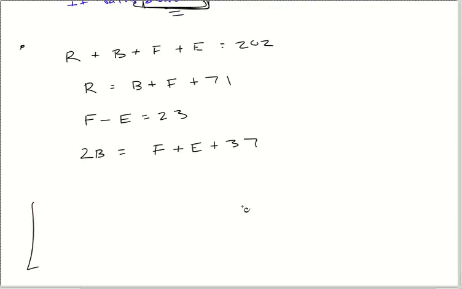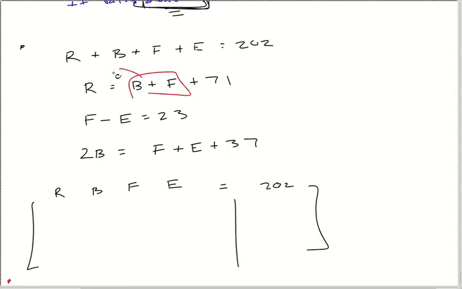So I'm going to put this whole thing into a matrix. I'm going to do R, B, F, E, equal sign 202. Before I can be perfect with it, I need to get everything on the one side. I need to get all of these letters here onto the same side. When I move those over, won't I subtract? Won't I get a negative number there now? And so looking at the top, I got 1, 1, 1, 1 equals 202.